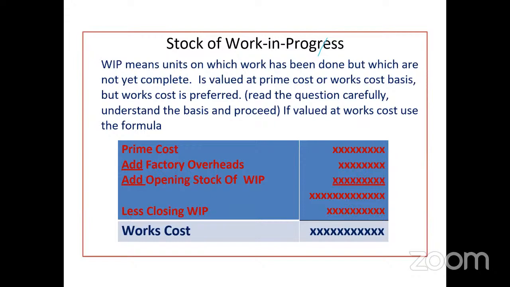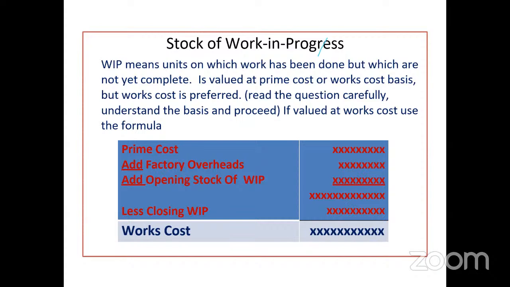By adding these three, we get the prime cost. After getting the prime cost, we have to add the factory overheads, works overheads or production overheads. After adding these, we have to add the opening stock of semi-finished goods or work in progress, less closing stock.